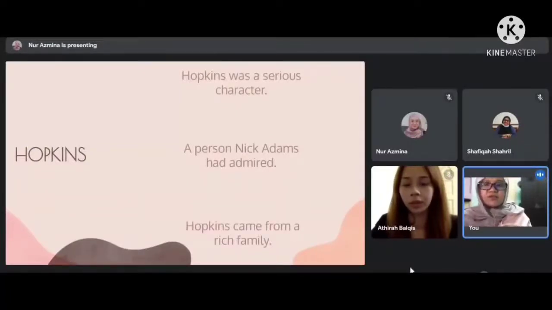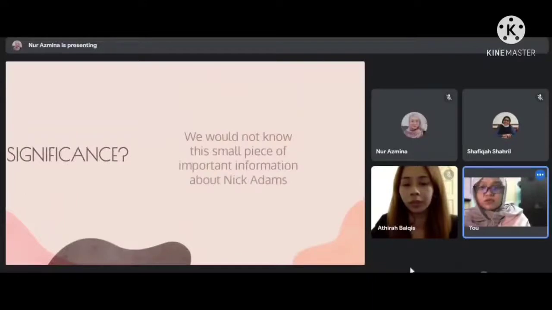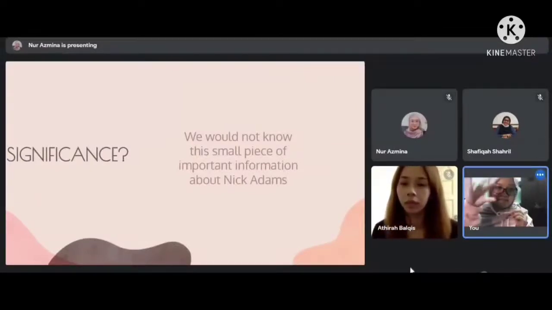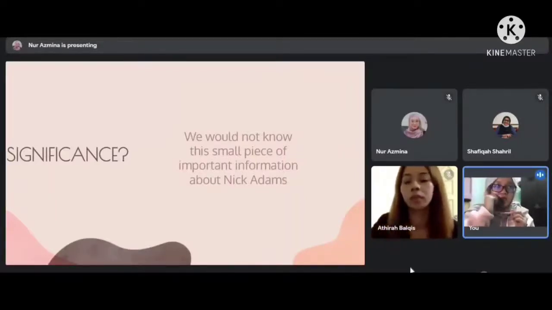Next, the significance of Hopkins in this short story. The significance of this character is the fact that without the mention of this character, we would not know this small piece of information about Nick Adams' past, of him being a soldier.